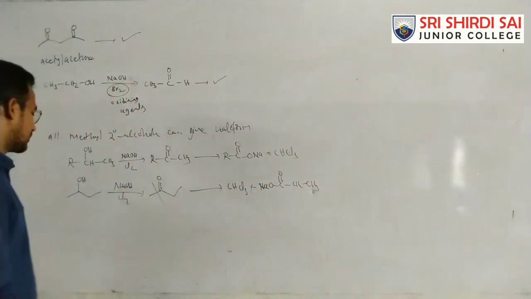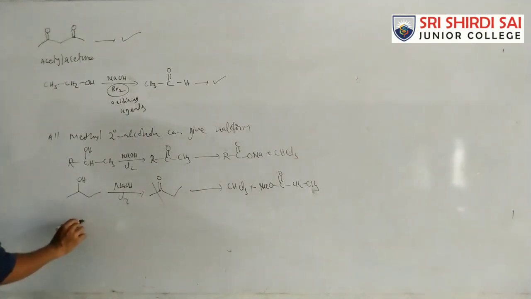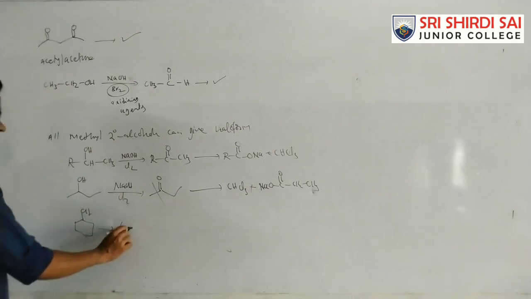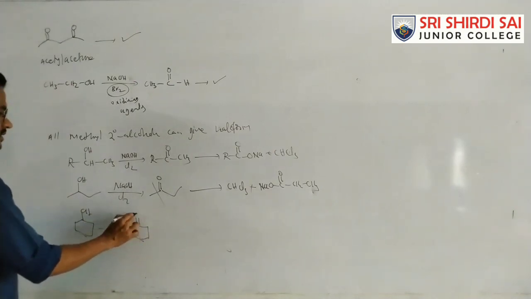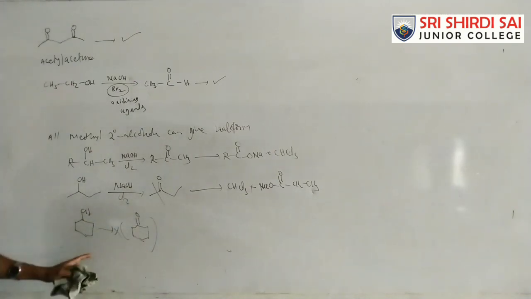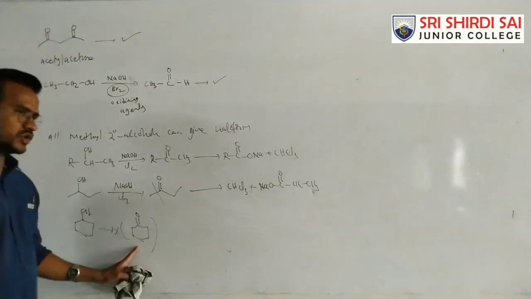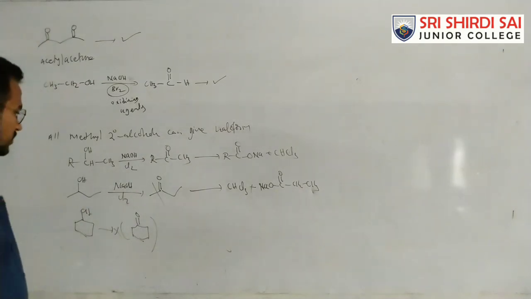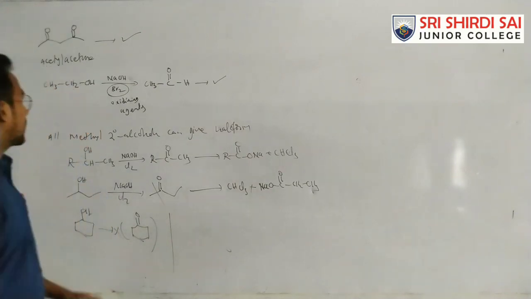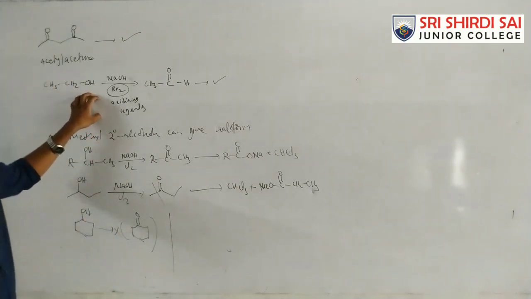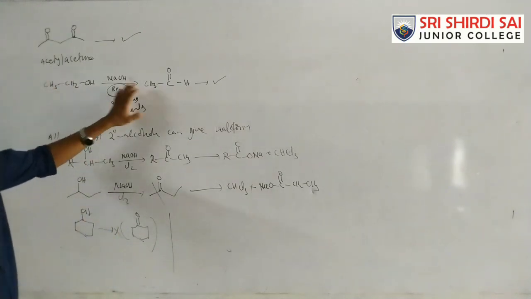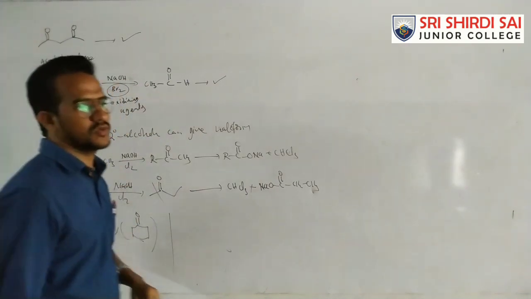All methyl alcohols. For example, cyclohexanol does not give the reaction. Of course, it is oxidized to cyclohexanone, but it is not a methyl ketone, so this does not give the haloform. Among the primary alcohols, only ethyl alcohol, because that is oxidized to the acetaldehyde.